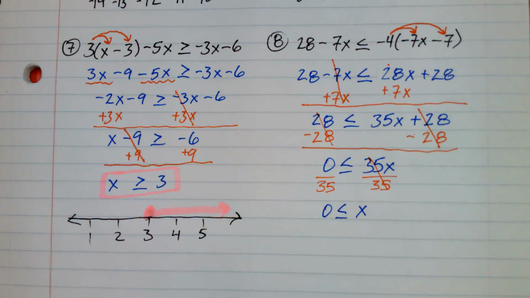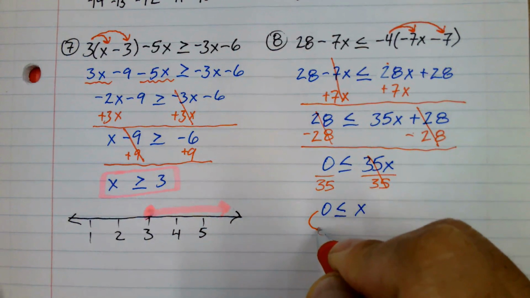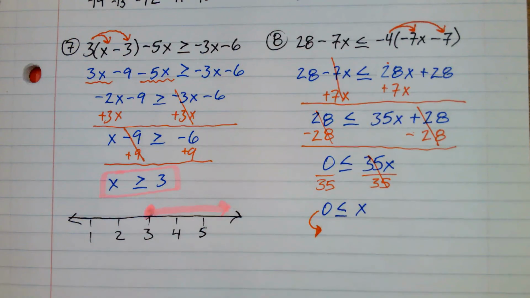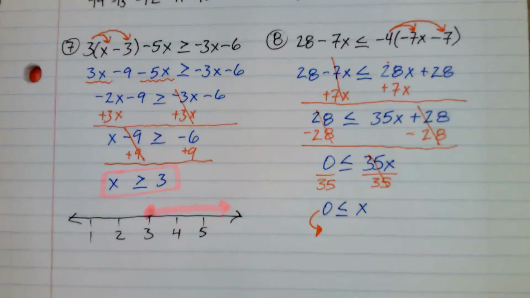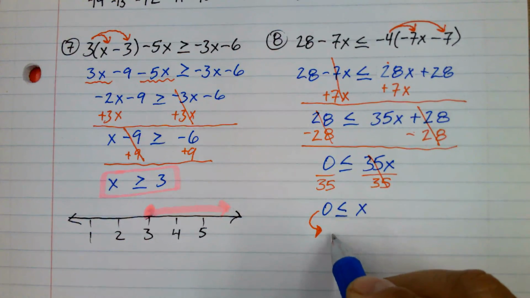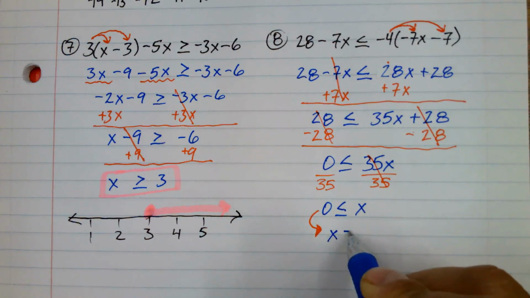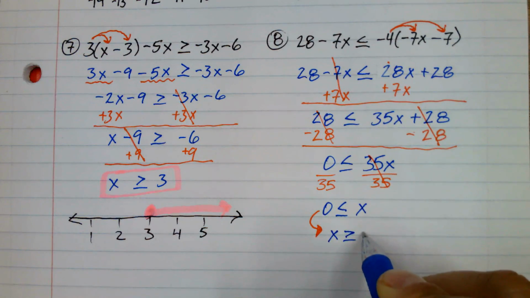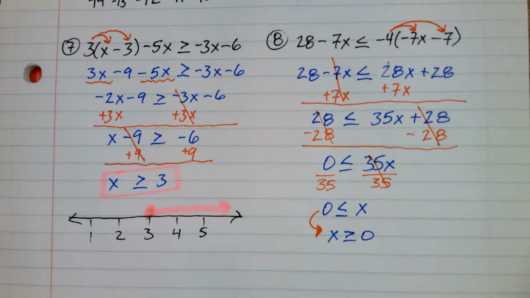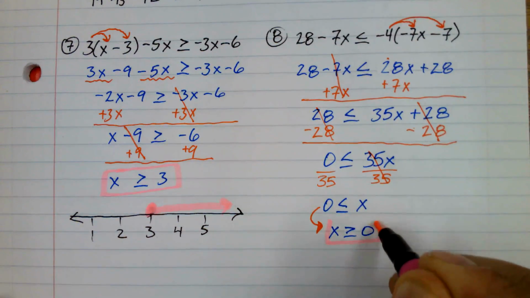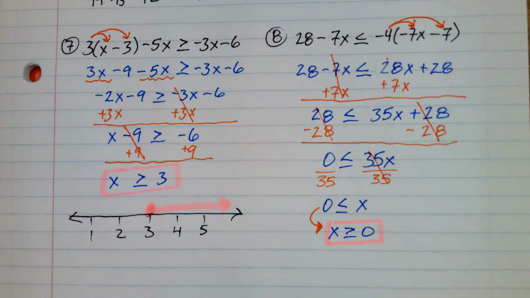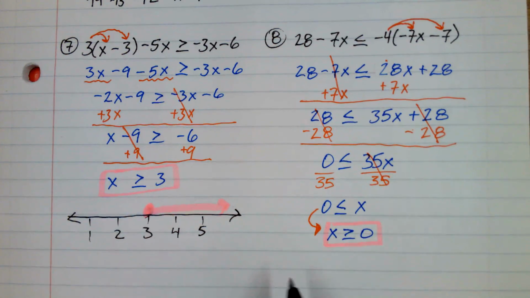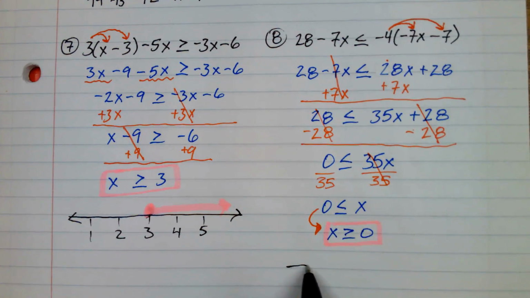Again, I would rather flip this around and make it x is greater than or equal to 0, and have my answer written this way. Okay? So my final answer is all real numbers greater than or equal to 0.